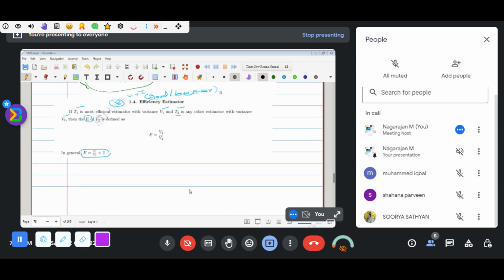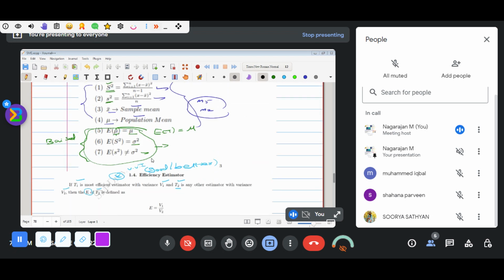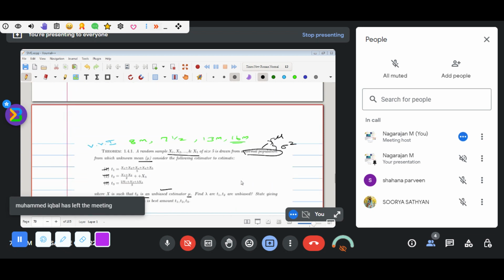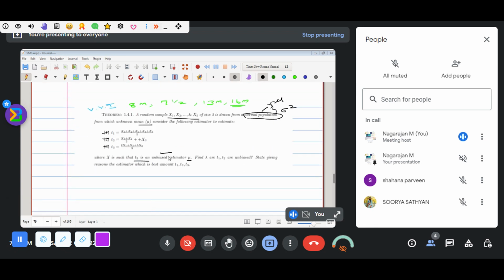Then what do you mean by unbiased estimator? It satisfies these conditions. Therefore, T3 is given as unbiased. Now find the lambda value. T3 is unbiased, then find the lambda value.